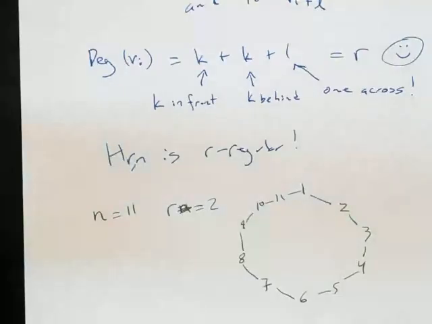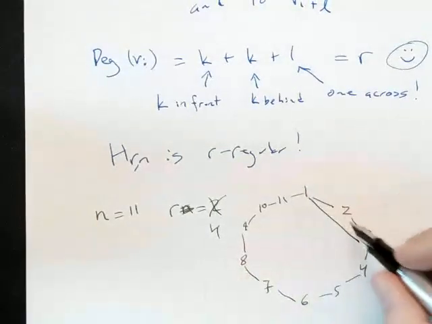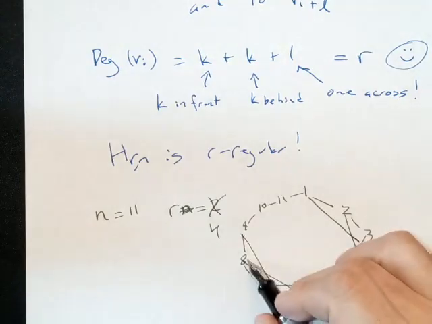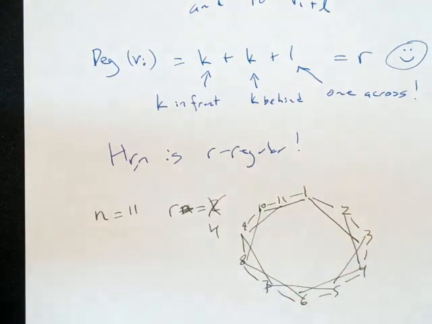When I go from 1 to 2, I go from 1 to 3 to 5, 4 to 6, 5 to 7, 8, 7 to 9, 9 to 11, 10 to 1. Everything's degree. Couldn't you?